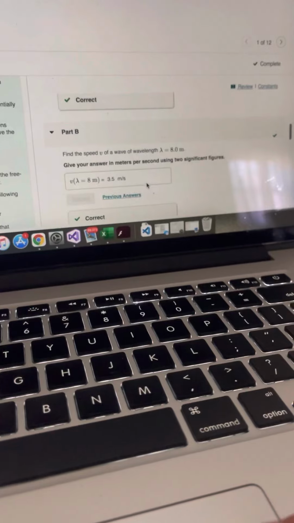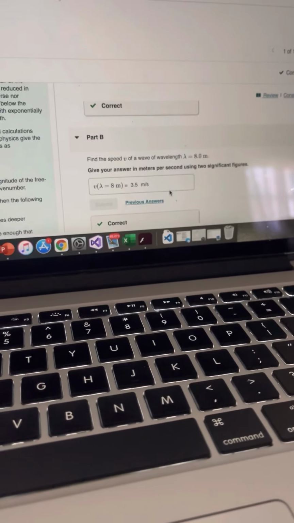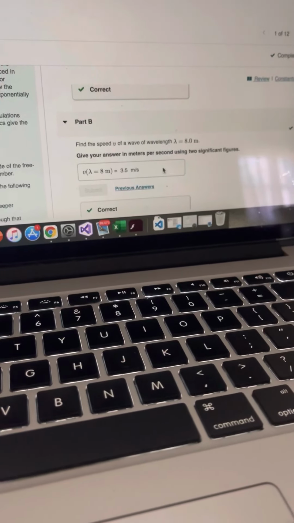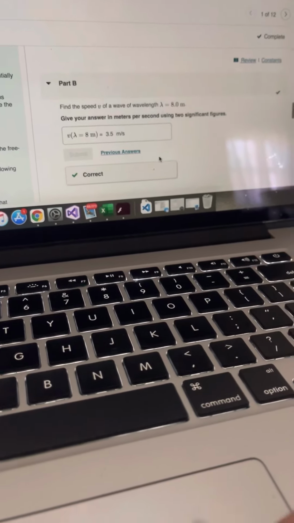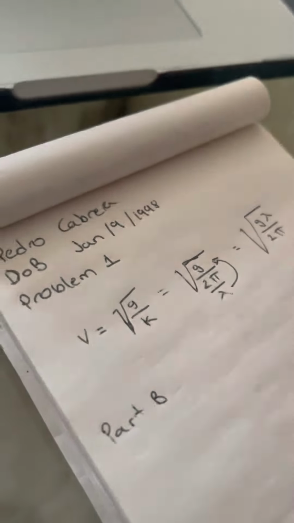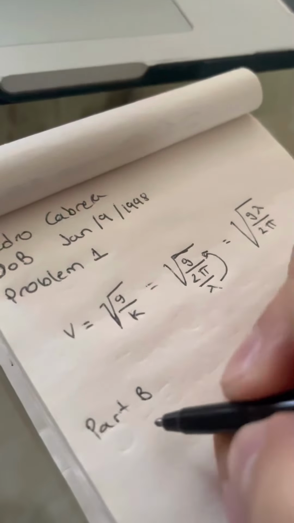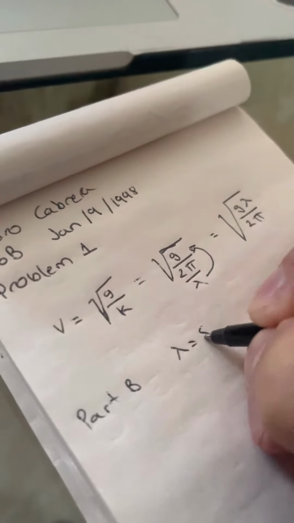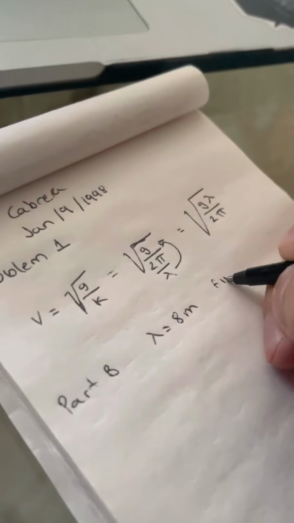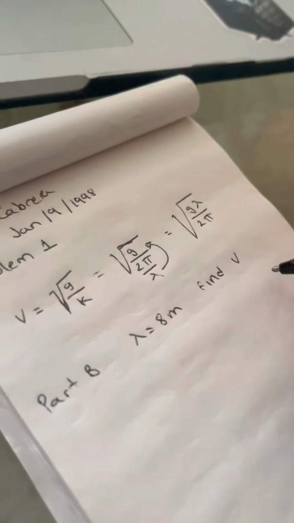Now moving over to part B, we're asked to find the speed v of the wave with wavelength lambda equals 8 meters. Now we will use this equation for this problem. So we have lambda equals 8 meters, and we want to find the speed.